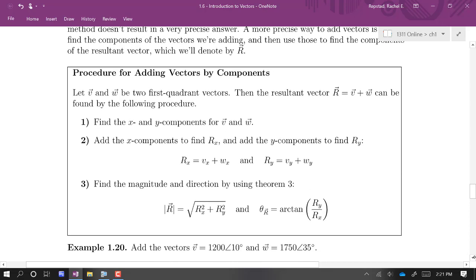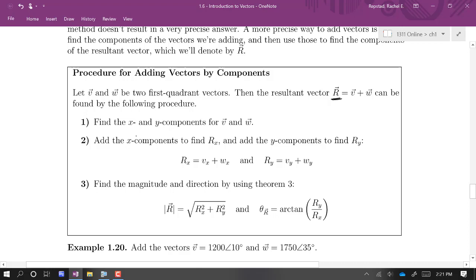Let's say I want to add two vectors, say V and W are two first quadrant vectors. Then we can add them together. We can find their sum, which we call the resultant vector, and that's why I'm calling it R here, by doing the following.